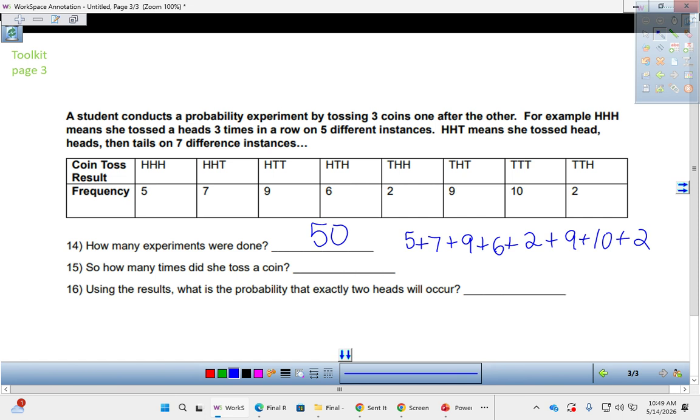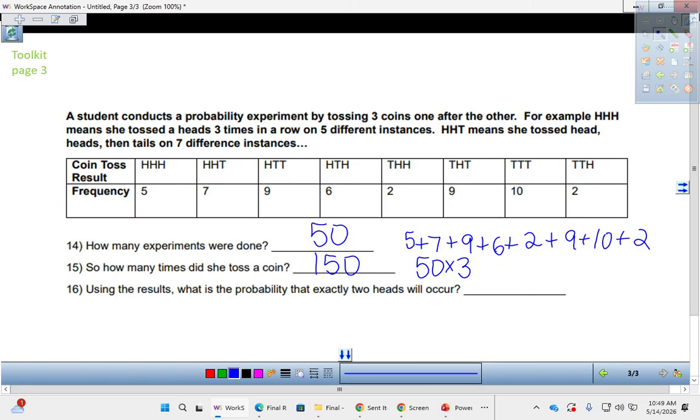If 50 experiments were done, how many times did she toss the coin? Times 3. 3 flips is 1 tally, right? So it's flip, flip, flip, 1 experiment. Flip, flip, flip, 2 experiments. We have to take the total number of experiments and multiply it by her 3 flips each time. So really she flipped the coin 150 times.